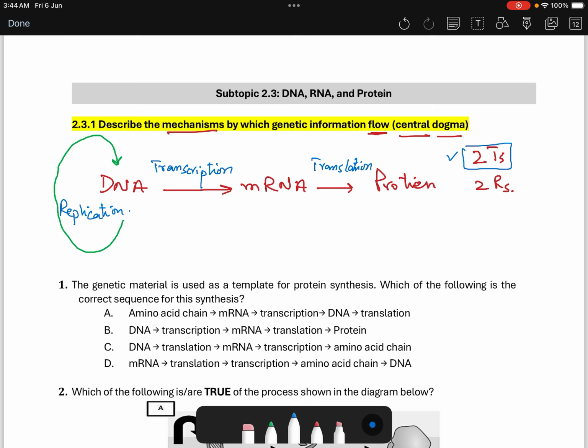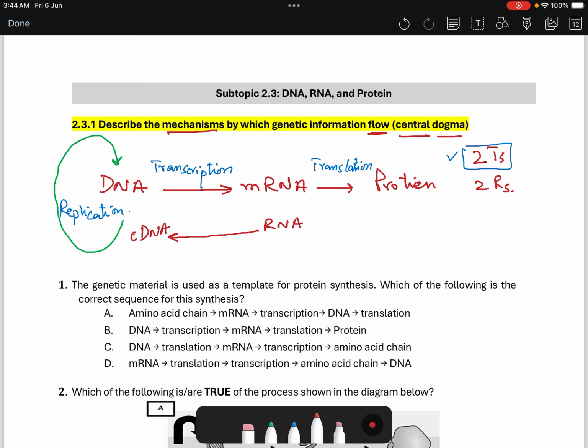Some of the organisms like viruses, they have their genetic information in the form of RNA. So when the genetic information is not DNA, it is RNA, so it's converted back to another type of DNA that's called cDNA, and then the process goes on.